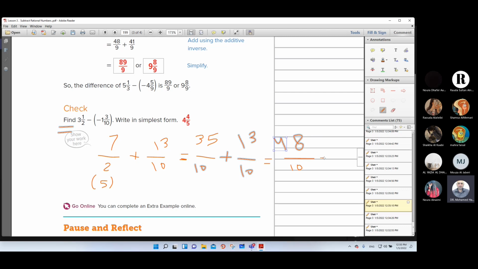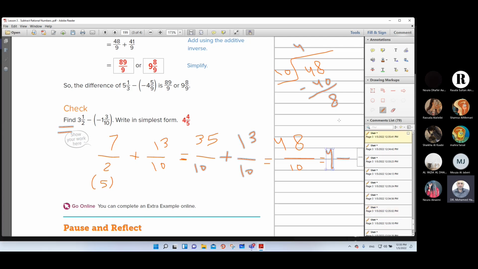Then you can change this fraction to the mixed numbers. How you can use long division? 48 divided by 10 will be 4. 4 times 10 will be 40, remainder 8. So take the quotient here, the whole number, 4. Then take the remainder, put it in the numerator.